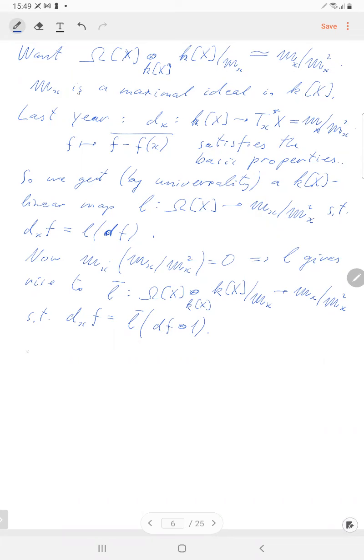Conversely, we have a morphism from functions to Kähler differentials, taking the fiber at point x, which takes f to df tensor 1.